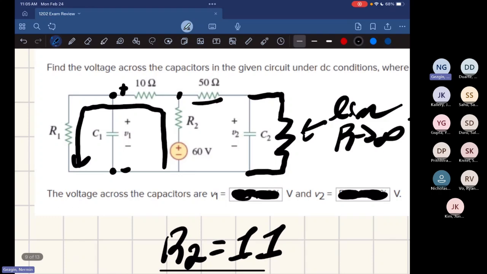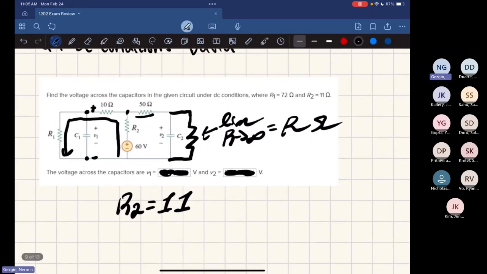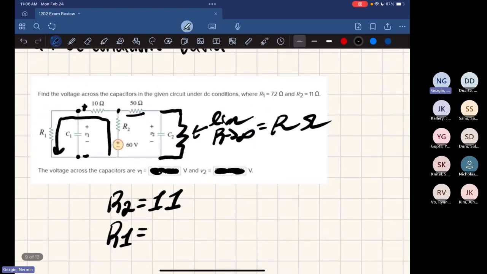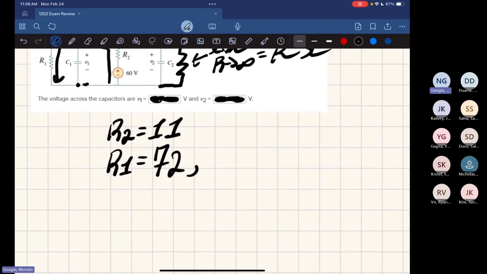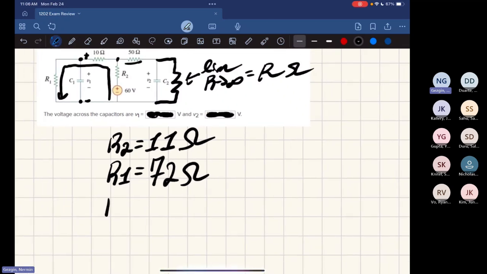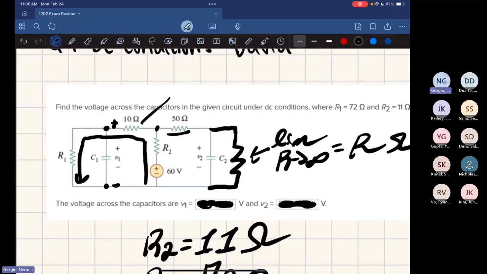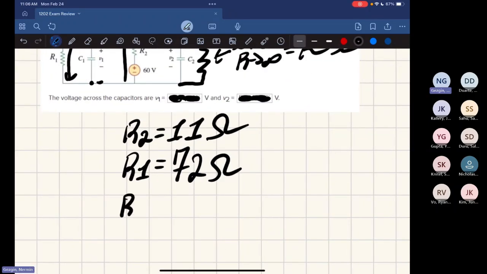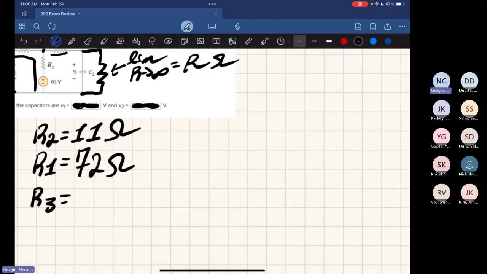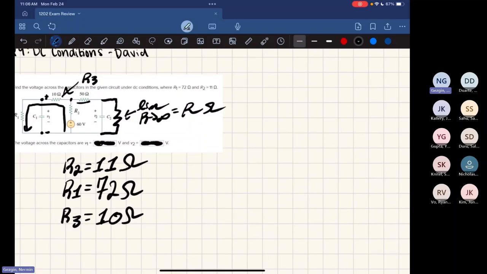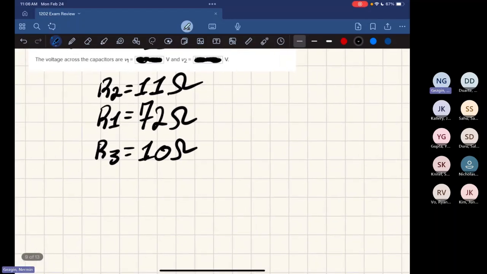It's there solely to confuse you. Then we take R1, which is equal to 72 ohms, and we'll call this R3, which is 10 ohms. So the total resistance of that whole loop is going to be 93 ohms.